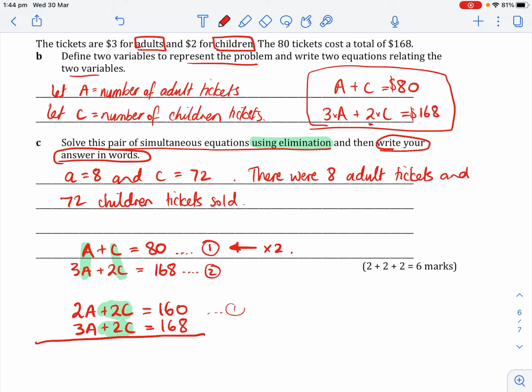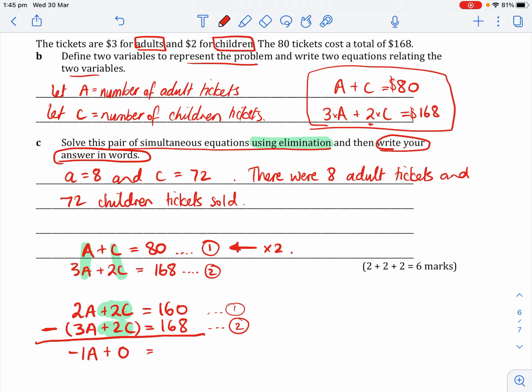The way I eliminate it is I take my first equation and subtract my second equation. So I do 2A minus 3A, which is minus 1A. 2C minus 2C is just 0. And 160 minus 168 is minus 8.